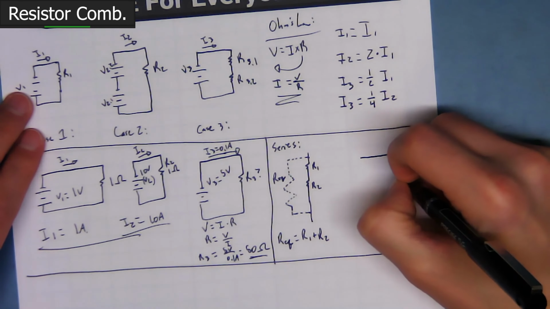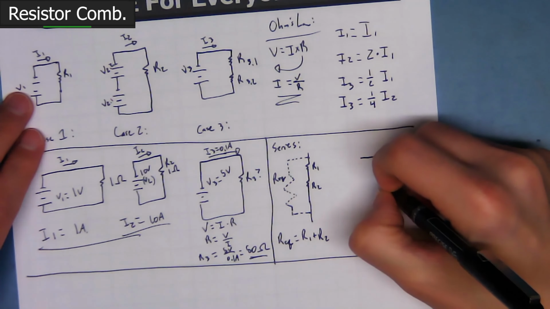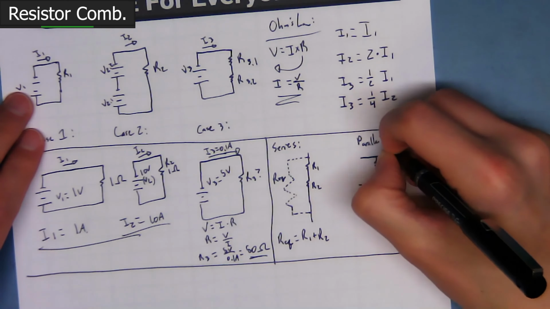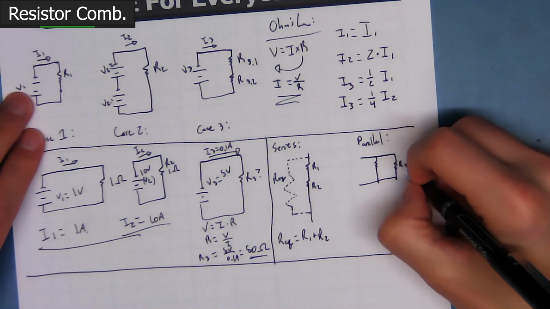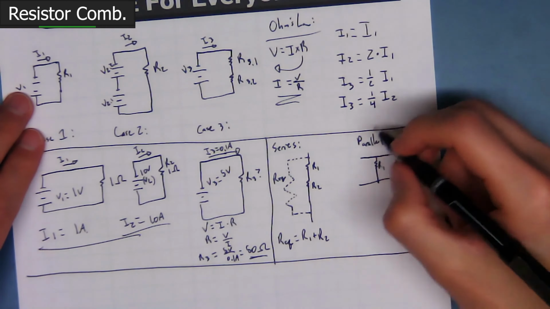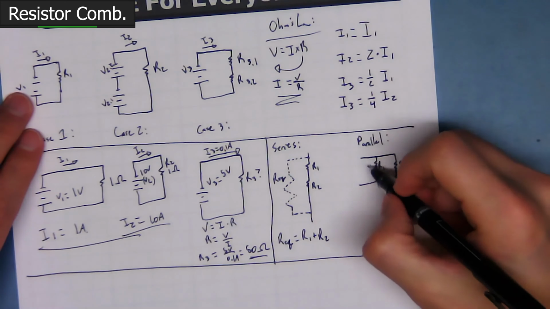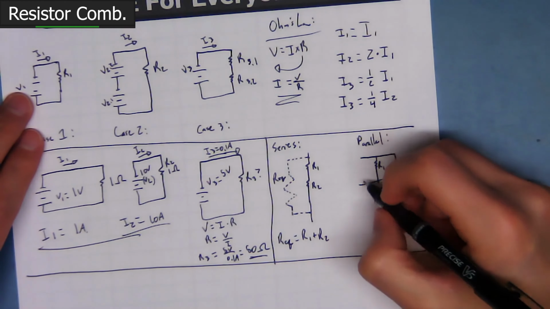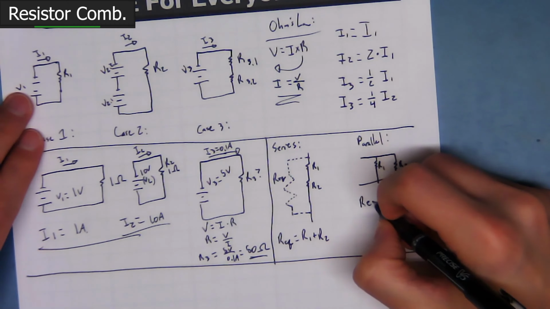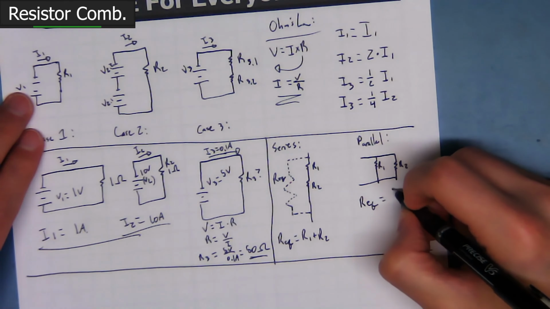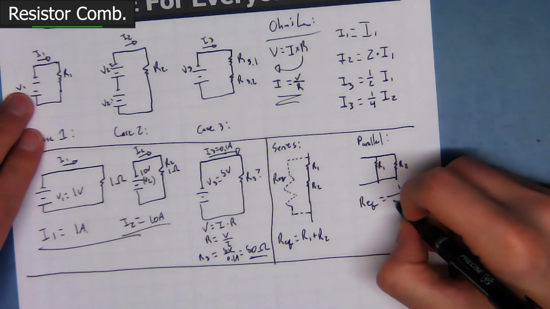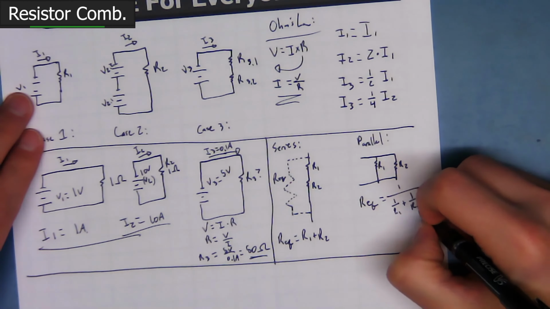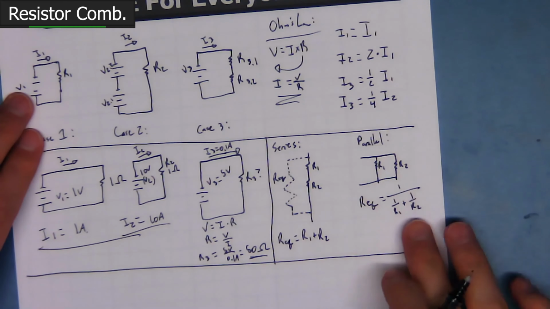For something like a parallel connected resistor, so then Req would be, right over here. It'd be these two together if you were to merge them into one. Now we've got two options. You can either say that Req is equal to 1 over R1 plus 1 over R2, or this one's great.